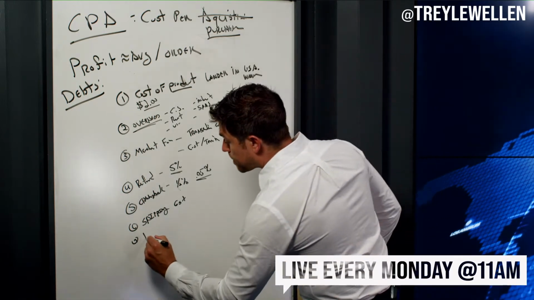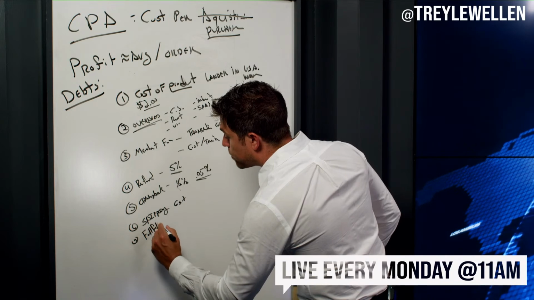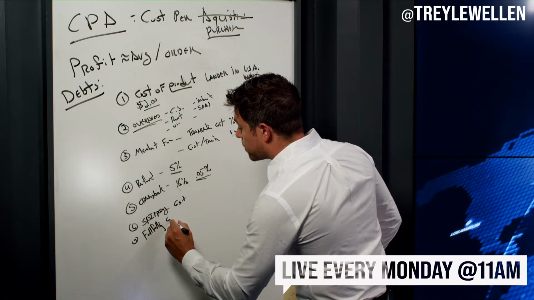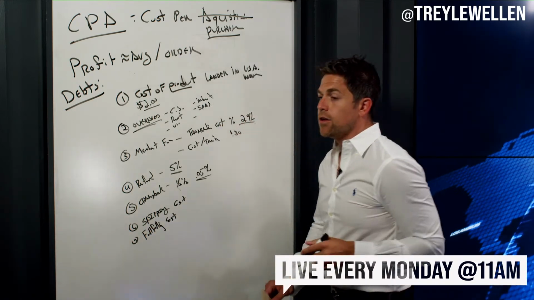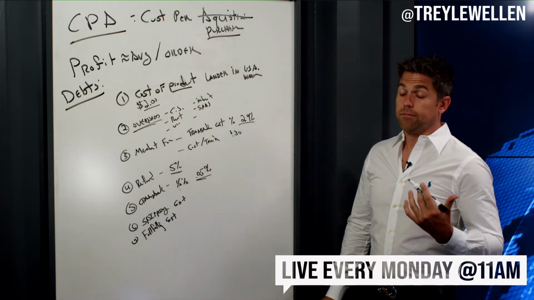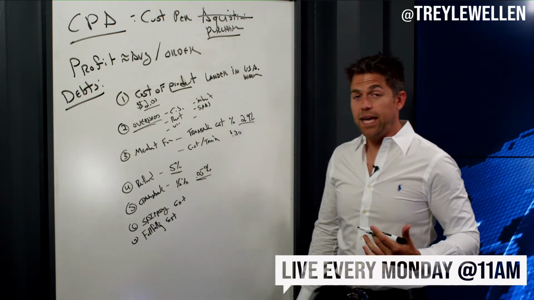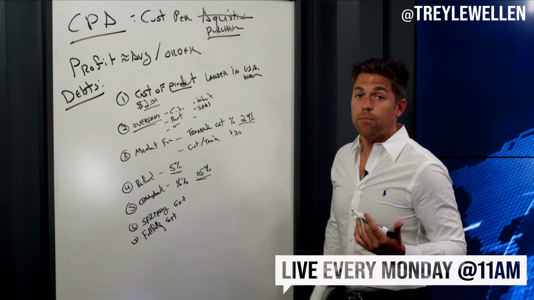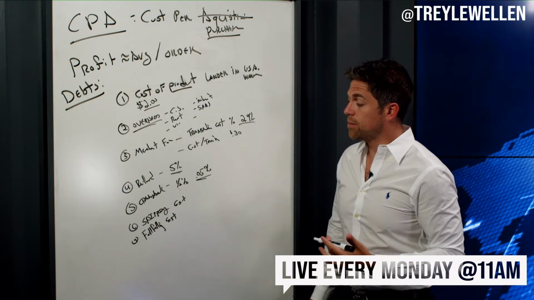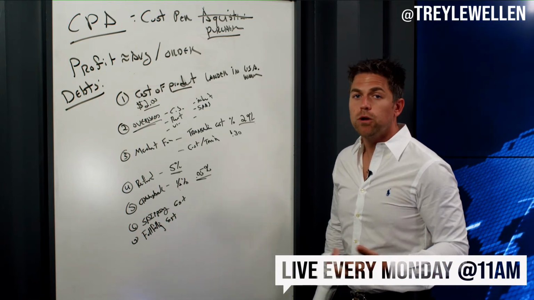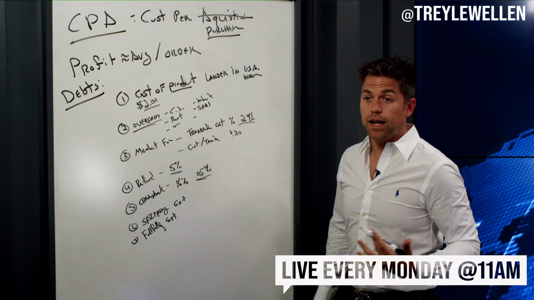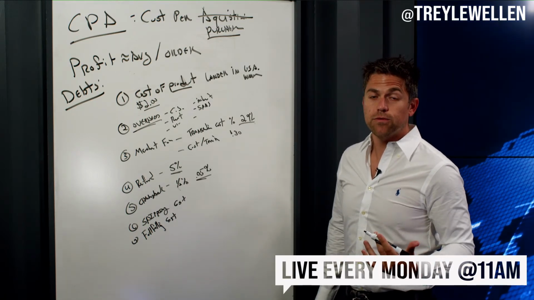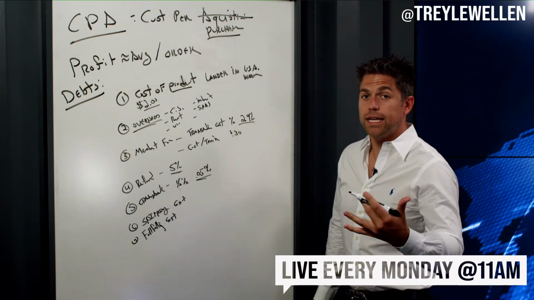You have fulfillment. Maybe you're fulfilling by yourself right now, okay? You have your fulfillment costs. Now, what I look at is, I'm obviously shipping the boxes out. What am I paying myself per hour? And what can I pay a fulfillment center to ship these out? Because it's not scalable. If tomorrow you got picked up by CNN or Fox News or MSNBC or Yahoo Finance or whatever, your offer goes crazy, right?